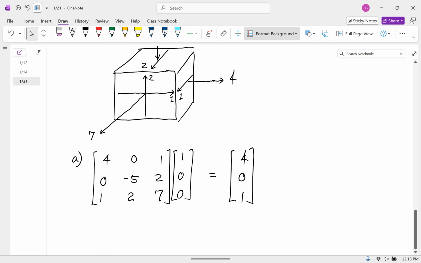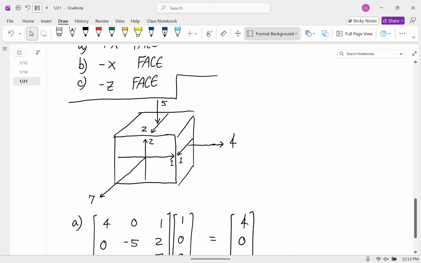Now look at the traction values on the positive x face and make sure this makes sense. The x component is 4. The y component is 0. The z component is positive 1. So that works. What? Oh, okay.